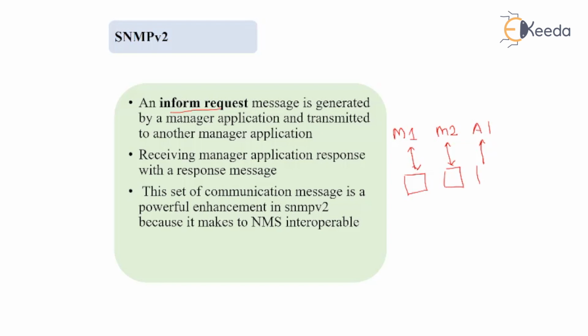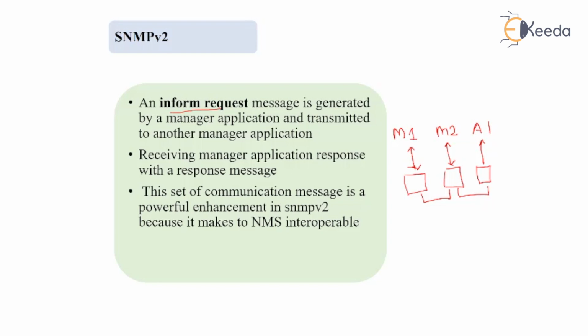So this is indirectly the scenario of SNMP V2. These will be the layers along with which they will try to establish some communication. If multiple managers want to establish a communication between them, then they have to generate an inform message, which will be bidirectional.